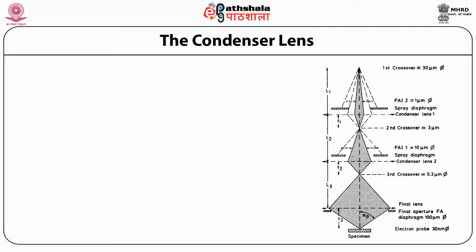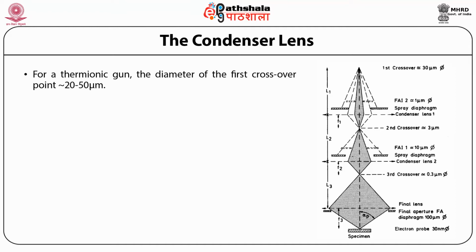So let us discuss the condenser lens in detail. This is the figure showing the schematic of a condenser lens. For a thermionic gun, the diameter of the first crossover point is around 20 to 50 microns.